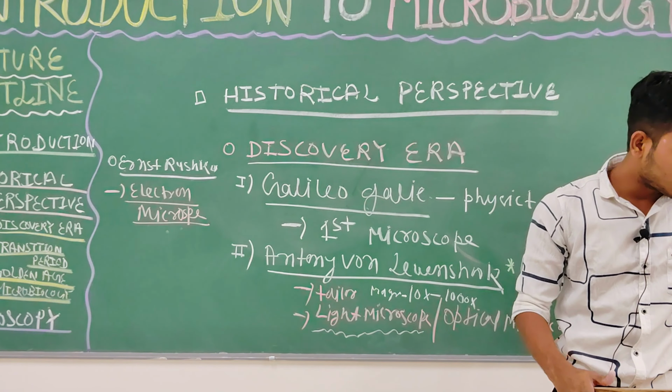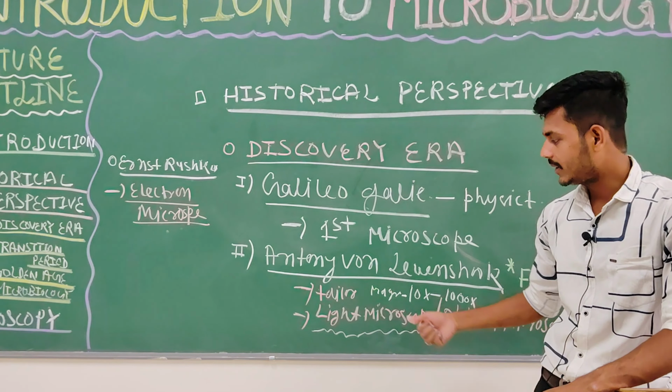Another is Antony von Leeuwenhoek, A.V. Leeuwenhoek. He is the one who saw the first live cell, and by profession he is a tailor. He discovered the first light microscope, also called the optical microscope. The light microscope can magnify an object from 10x to 1000x.